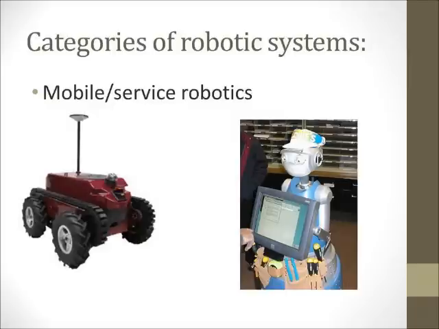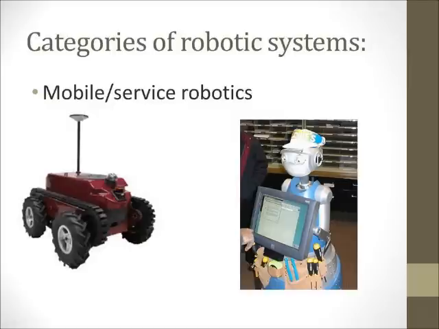Another category is the mobile or servo robotics. A mobile robot is an automatic machine that is capable of movement in any given environment. Mobile robots have the capability to move around in their environment and are not fixed to one physical location.